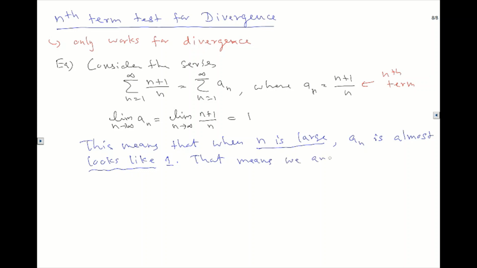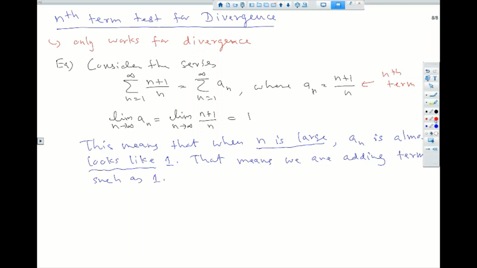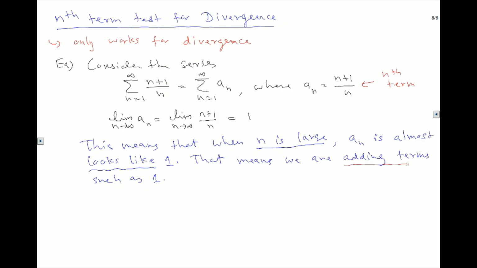Because it's a series, a sum, we are adding terms such as 1, indefinitely, again and again.